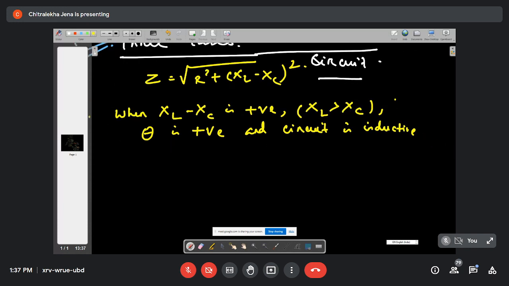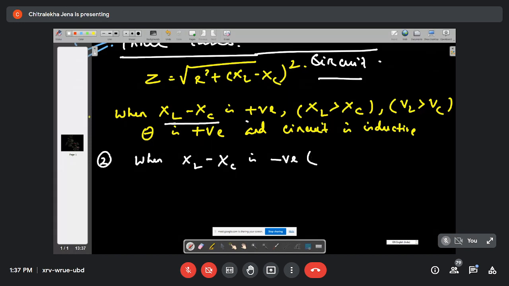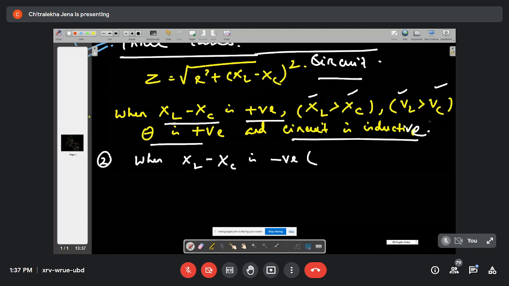Here another term also you insert: VL is greater than VC. Ma'am, can you repeat the first one? First one is when XL minus XC is positive. Positive means XL is greater than XC, VL is greater than VC. So theta is positive at that time, circuit behaving as inductive. Kunal, you understood? Yes, ma'am. Okay, very good.